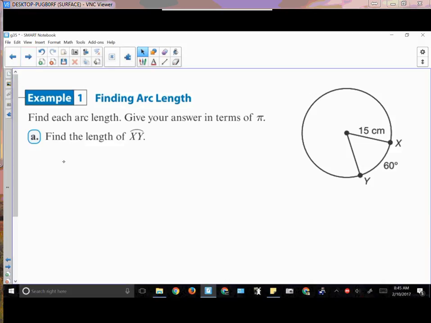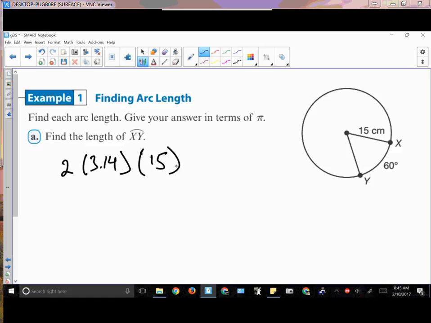arc length, I've got 2 pi, well, that would just simply be 3.14 multiplied by the radius. What's the radius? This is 15. And then, how much of this is it? 60 degrees out of 360.